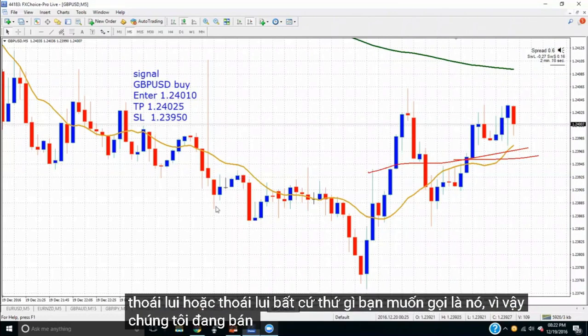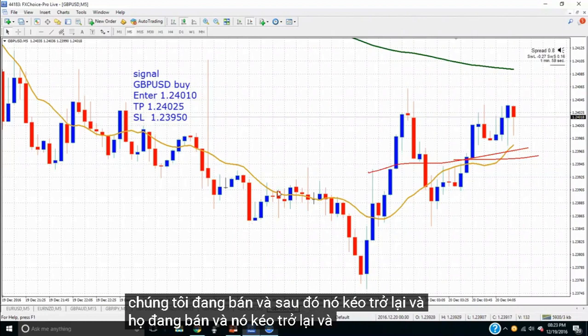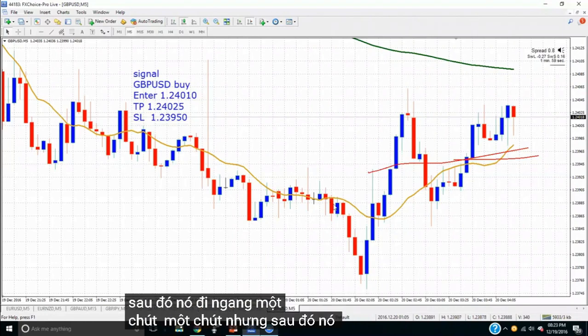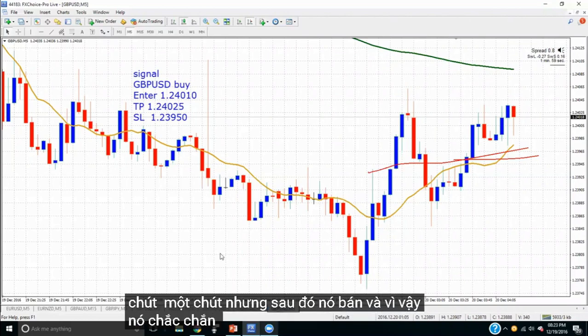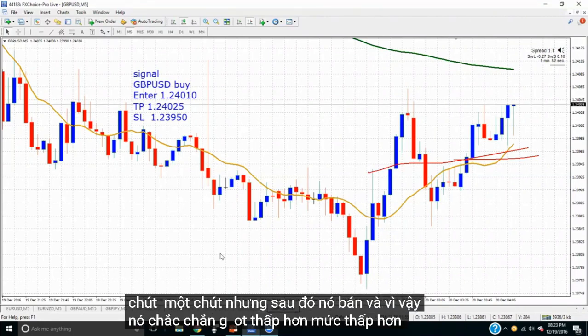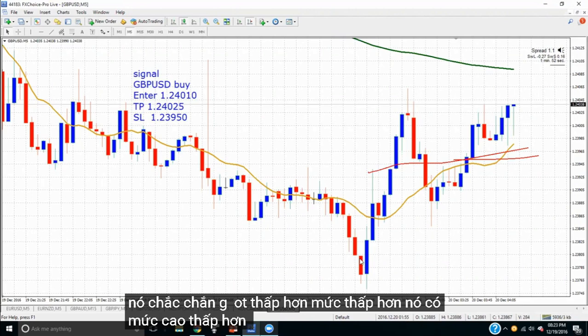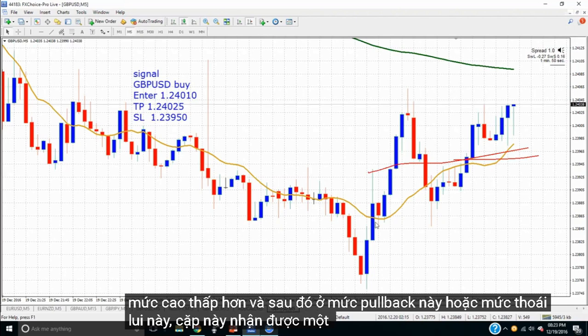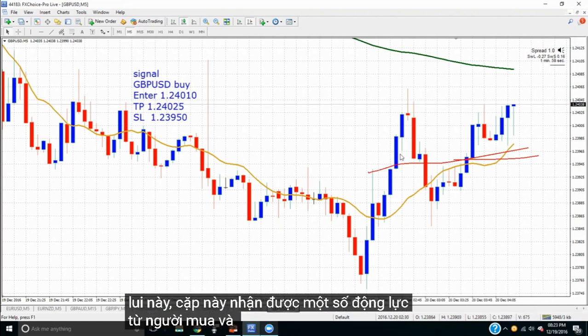Sell and then retrace, or a pullback, whatever you want to call it. So we're selling and then it pulls back, and then selling and it pulls back. And then it kind of goes sideways for a little bit, but then it sells. It's definitely got lower lows and lower highs. Then on this pullback, this pair got some momentum from the buyers.